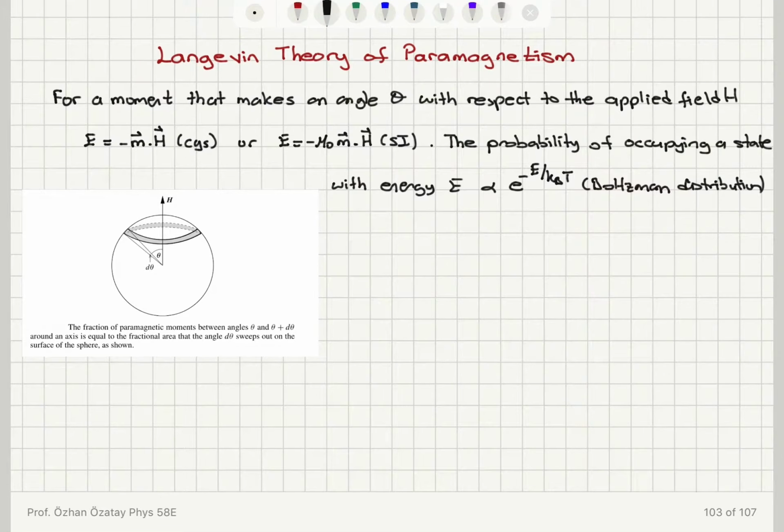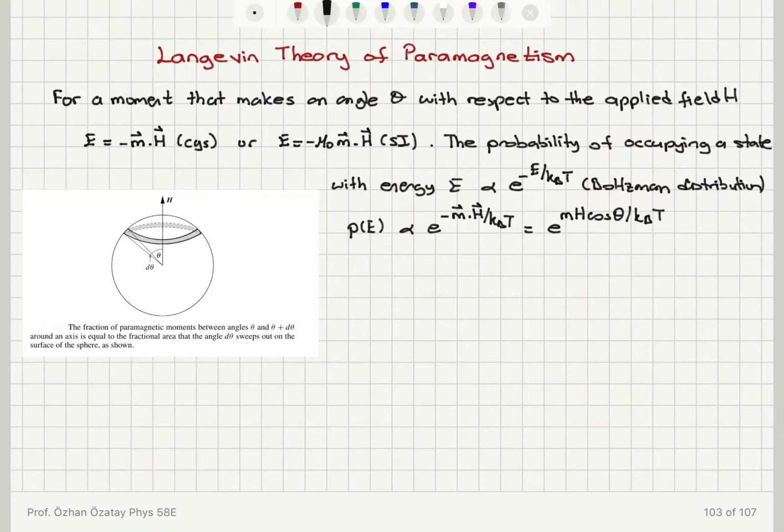Okay, so this Boltzmann term then will become, using CGS units, the probability of having an energy E proportional to e to the minus m dot h over kBT, or we can write this as e to the mh cosine theta over kBT.